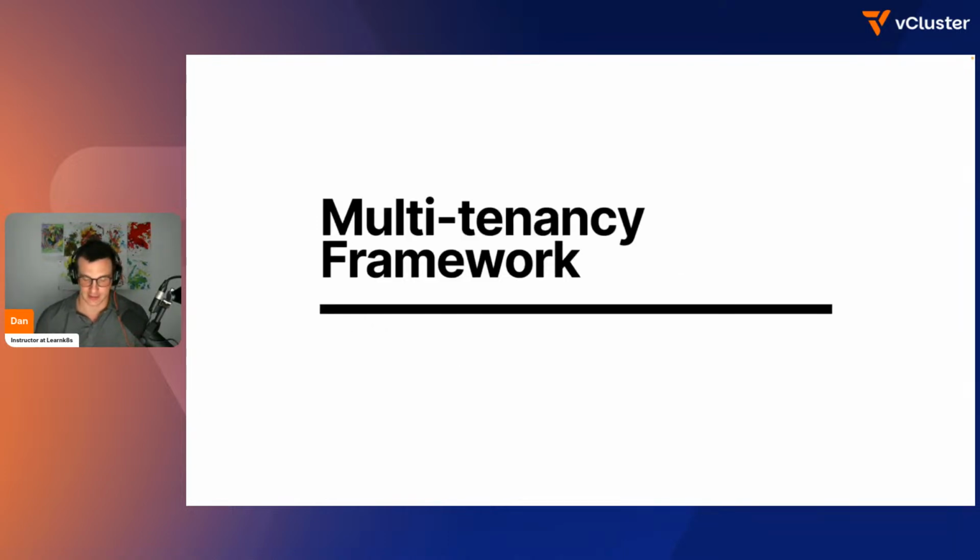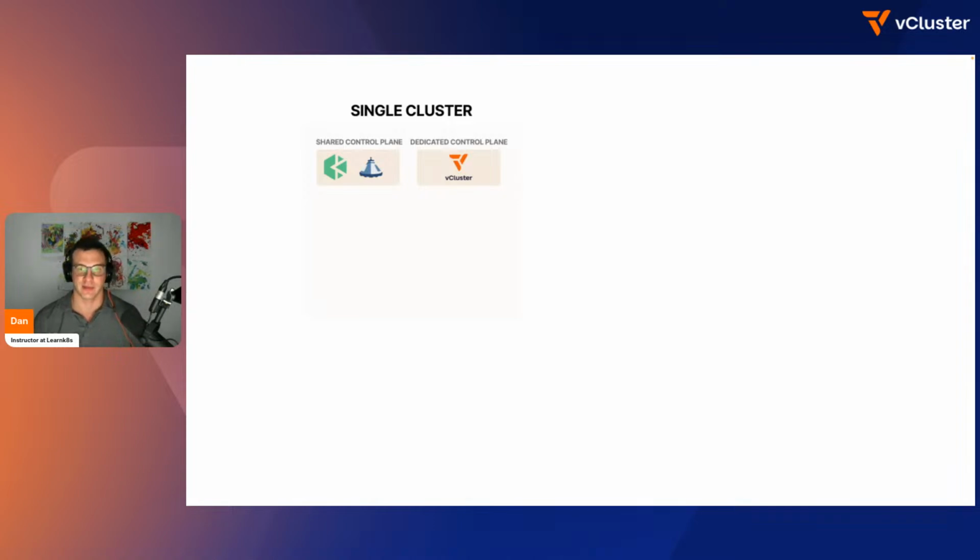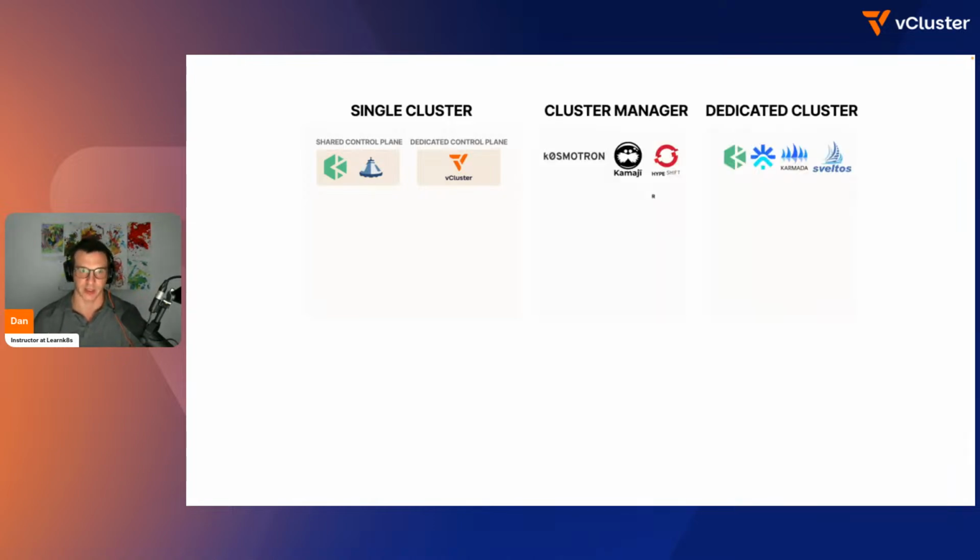Generally, at least the way I look at this problem, I basically have three different options: a single cluster, a manager cluster which is going to host the control planes, and dedicated clusters. Then each one of these options comes with some additional add-ons. For example, if I choose a single cluster, maybe I can have dedicated node pools, or a sandbox runtime to increase my security level.